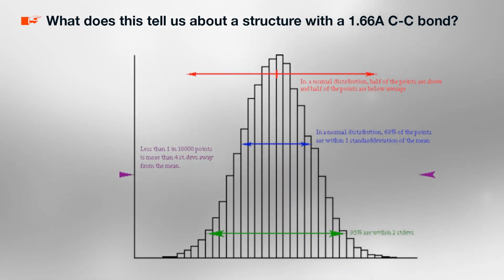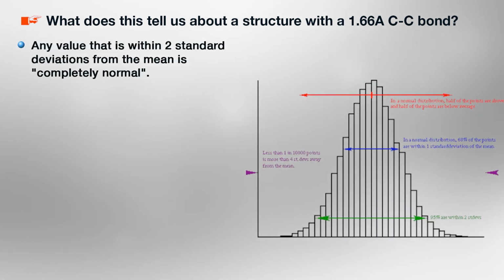Let us take a look at a simulated normal distribution. The plot here represents a histogram of an example data set, and it clearly depicts the normal distribution picture. So, what is there in this picture? We can see that any value within 2 standard deviations from the mean is completely normal.